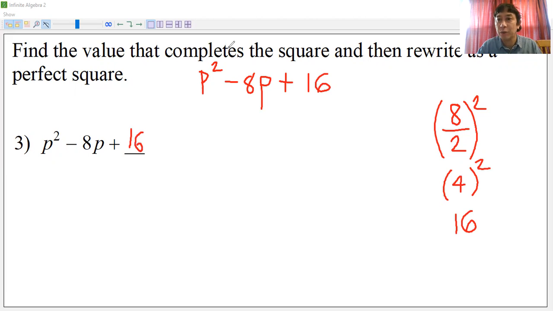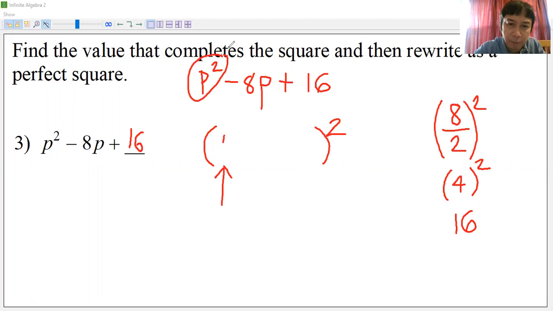And what is this equal to? The first term here is the square root of p squared, which is p. And then the other term is the square root of 16, which happens to be 4. The square root of 16 is 4.